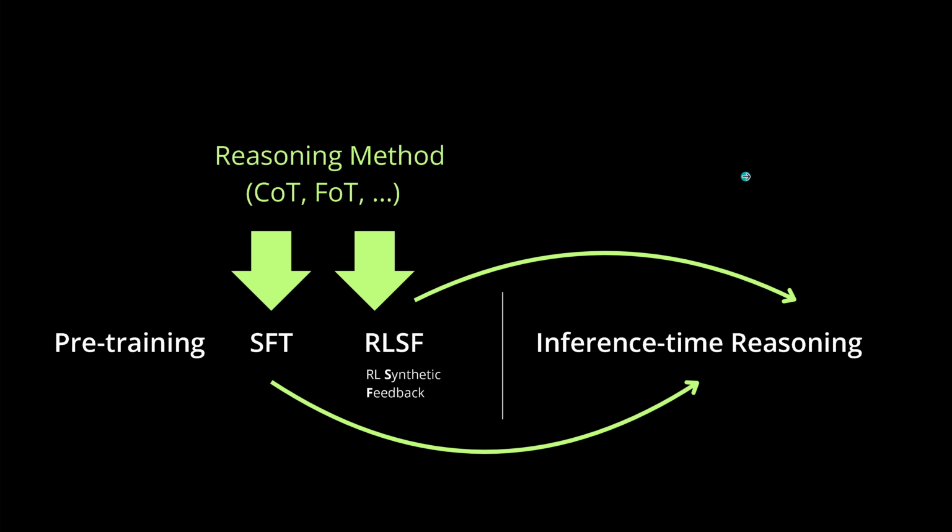So just to make it a little bit more abstract, what we do is we have a combined coherent effort to train the supervised fine-tuning and the reinforcement learning on synthetic feedback data that we generate with an AI system. We implement a particular reasoning methodology.